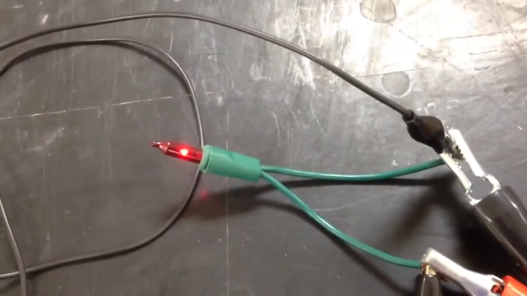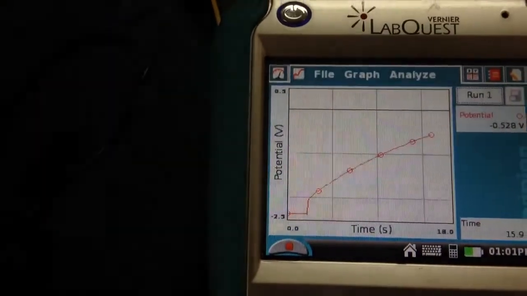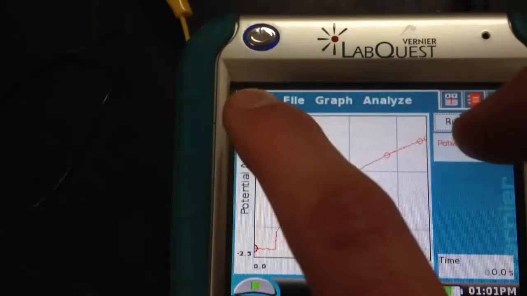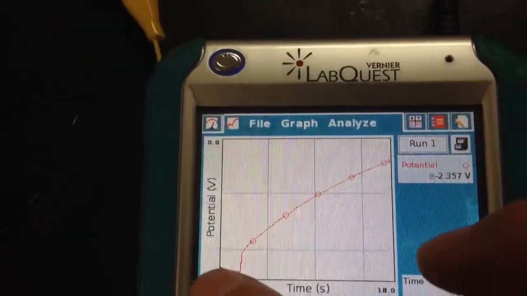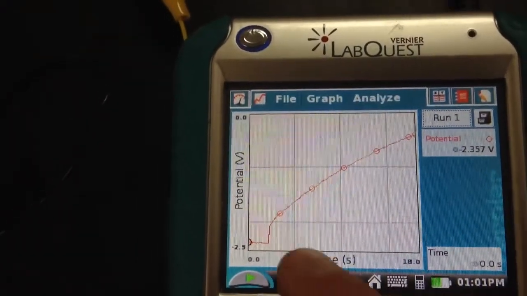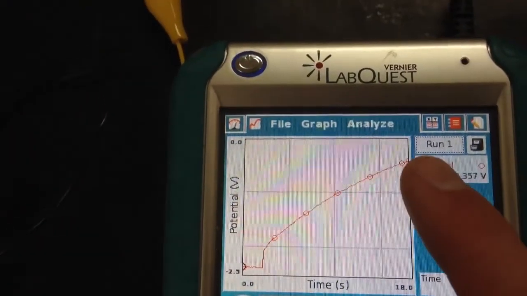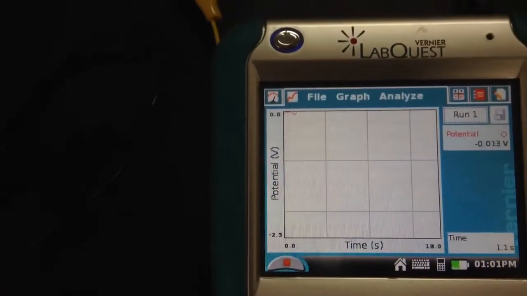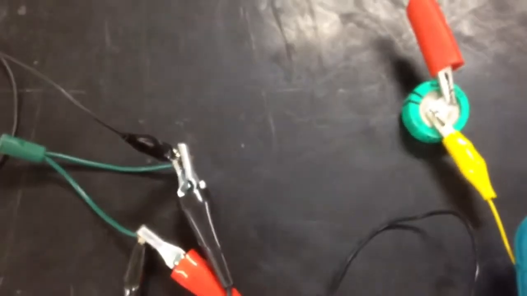My light bulb is getting dimmer and dimmer, and its voltage is getting closer and closer to 0. So right up here at the top, that is 0. I had a constant voltage, and then right there at that time, I flipped the switch, causing my voltage to gradually go to 0. If I start recording again, my voltage is now right at 0, which means my capacitor has completely discharged itself.